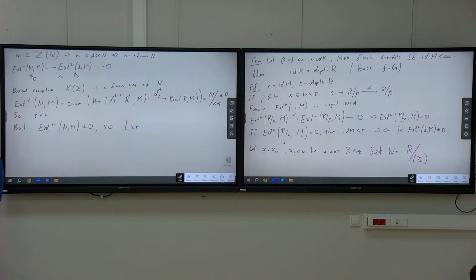Yeah, t less or equal than r, r is the injective dimension. So since r is the injective dimension and this Ext is not 0, it means that this number t has to be less or equal than r, because otherwise it's supposed to be 0 for any t greater than r.